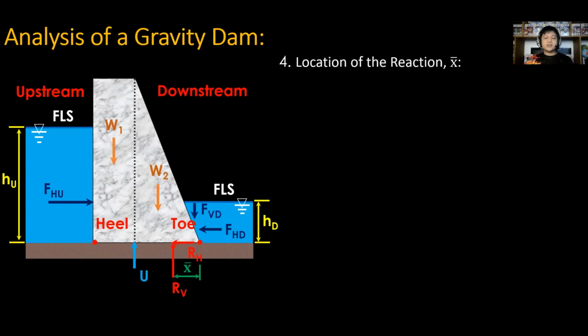The fourth part is the location of the reaction represented by X bar. Let us sum moments at the critical point, the toe. Clockwise equal to counterclockwise moments. Then, let us represent counterclockwise moments as RM for this orientation of the sample section.